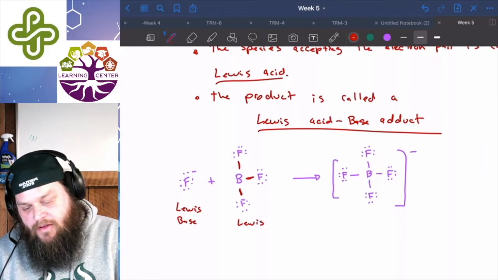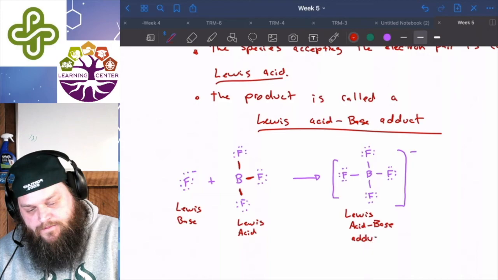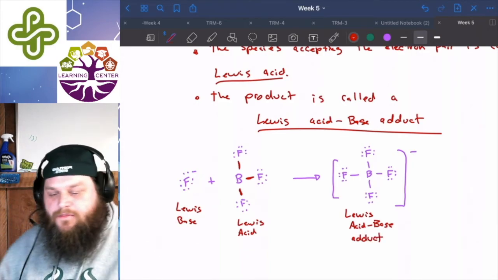So the boron trifluoride is a Lewis acid, and the boron tetrafluoride would be the Lewis acid base adduct, or just the adduct.